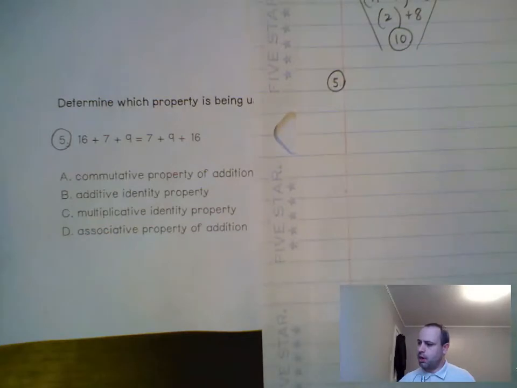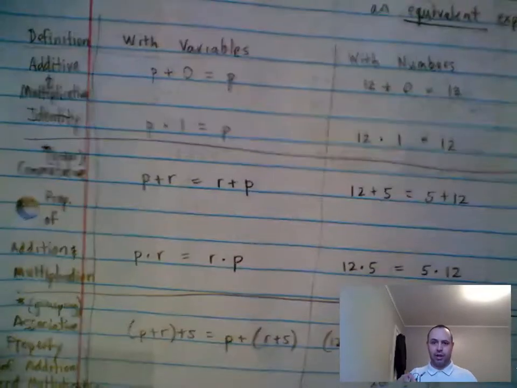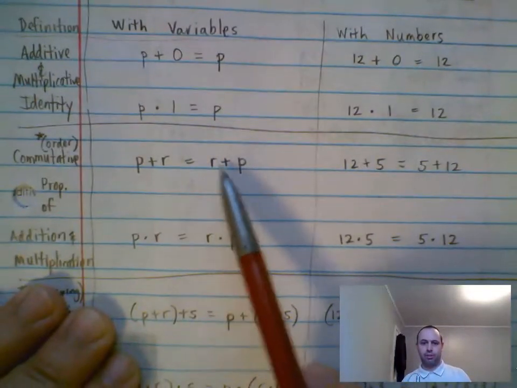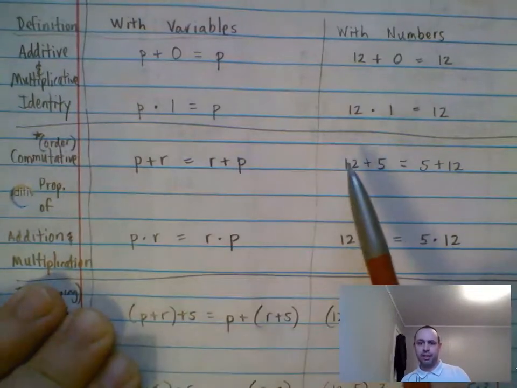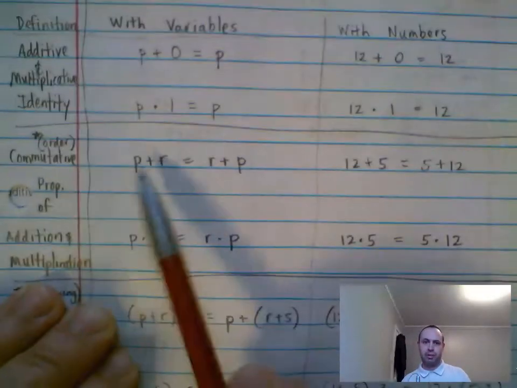Okay, so on this problem, if we look back yesterday, there were some properties. Now in the notes, I gave you a situation like P plus R equals R plus P, and we changed what we call the order, okay? So 12 plus 5 equals 5 plus 12, so that's called the commutative property of addition.